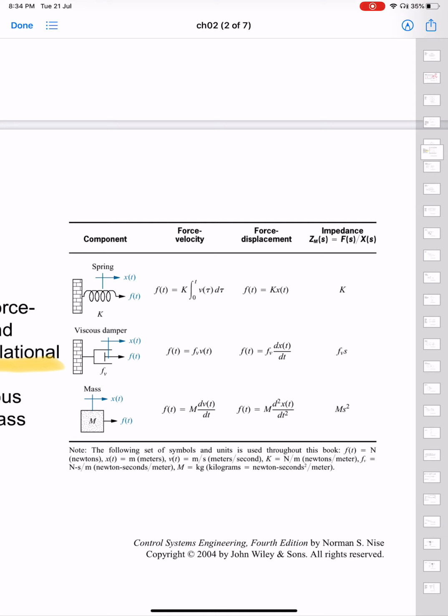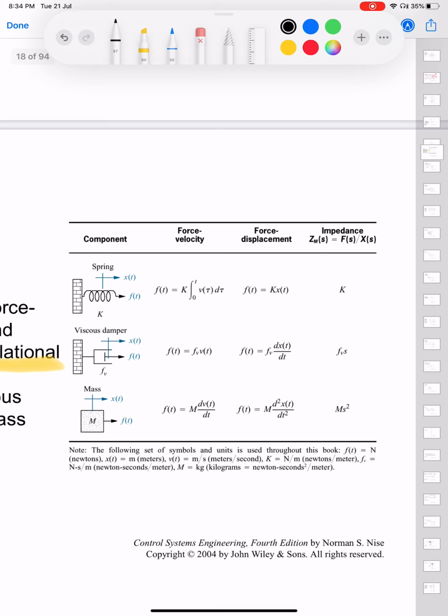One is the spring block, the first one. The governing equation between the force and the displacement is F is equal to kx(t), k times displacement, where k is the spring constant. You can also write the force velocity relationship, because displacement is the integral of velocity, so F is equal to k times the integral of velocity.